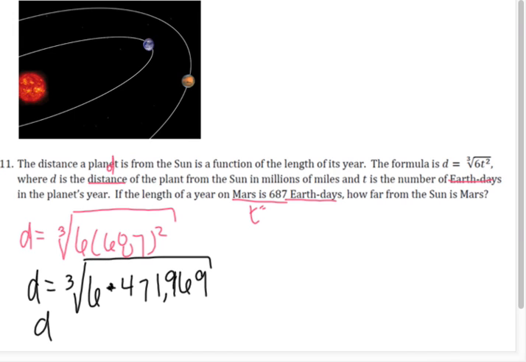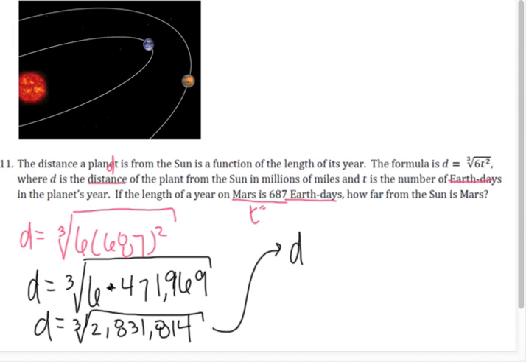Then if I take 6 times that number, I will get 2,831,814. Then I would go ahead and on my calculator take the cubed root of that value. You will get 141 point, and I'm going to write out the value on your calculator. You should make sure you can do this on your calculator. This is what you'll get. If you're not getting that, you need to ask me tomorrow.